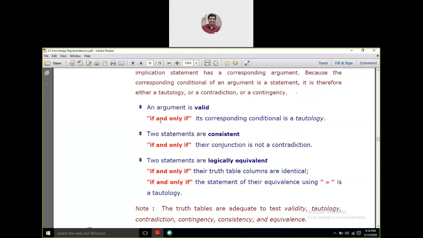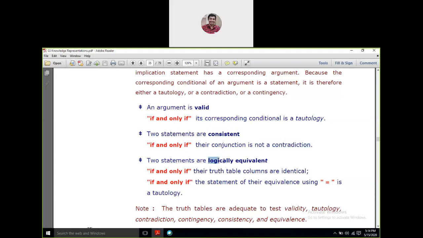Now, checking for the validation of the argument: it is valid if and only if it is a tautology, right? If it is consistent, there is no contradiction, that means either they are true or they are false, but not both.